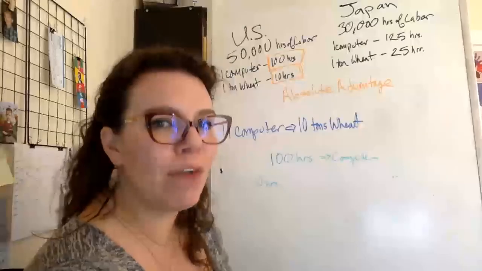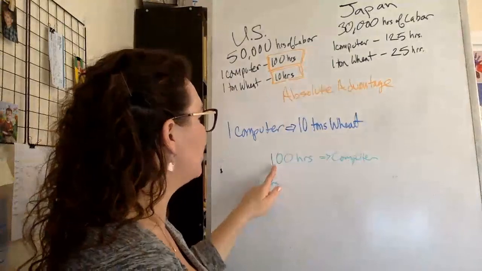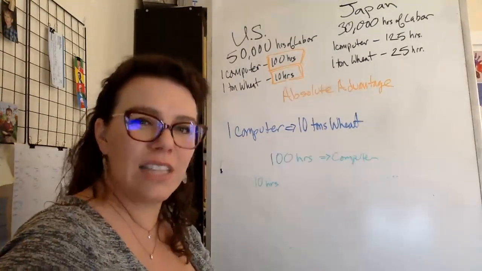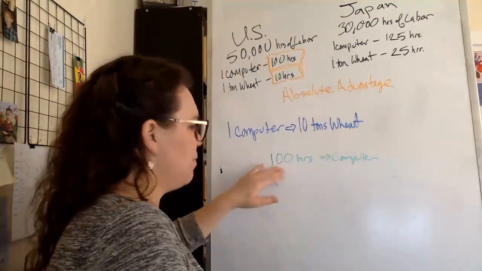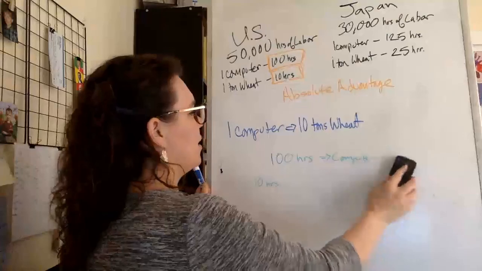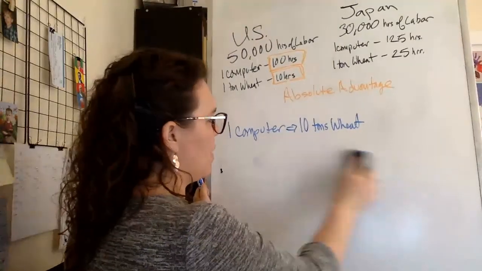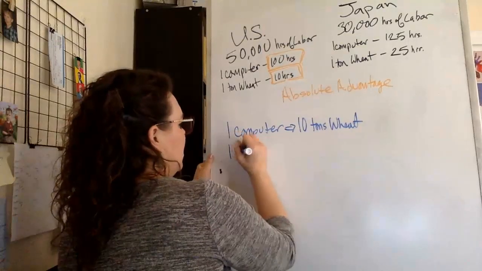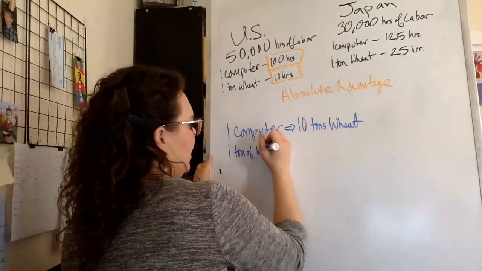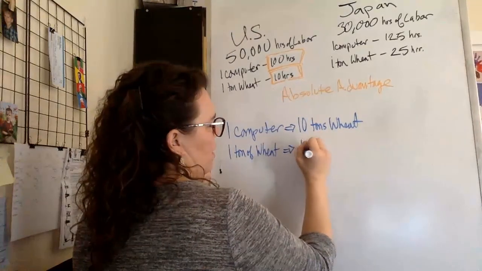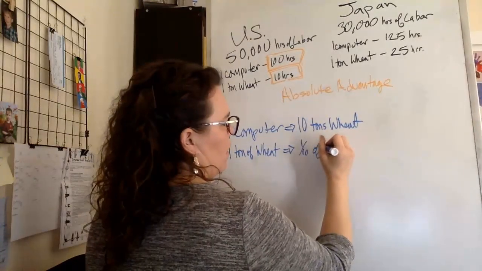It has to be a fraction of a computer because you'll only get a fraction of the way through that 100-hour process. Does that kind of make sense? So we would only make 1/10 of a computer in the time it takes to make a ton of wheat. So the opportunity cost of 1 ton of wheat is 1/10 of a computer.